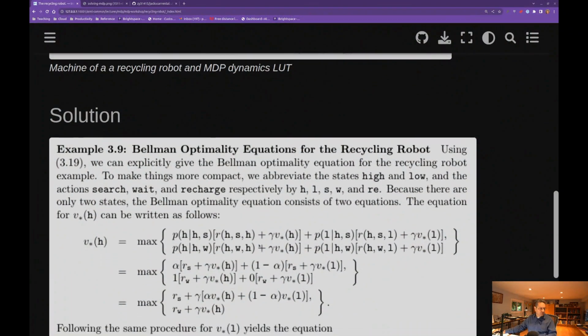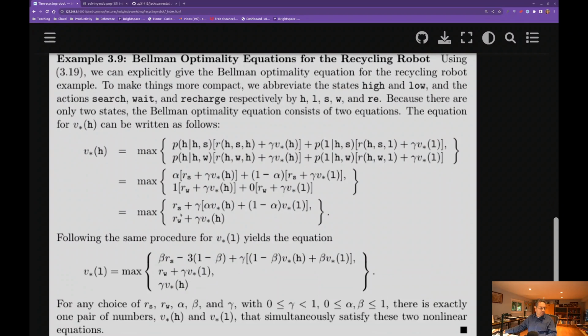This is the final expression that involves the rewards for searching, the rewards for wait, which are all numbers. The only unknown here is the V star of high. So we have V star of high over there and V star of high on the right-hand side, and also V star of low on the right-hand side. Okay, so that's the first equation.